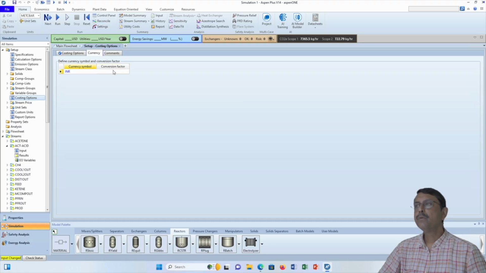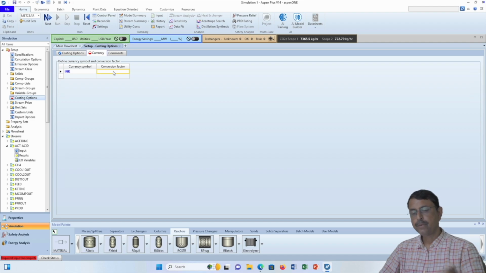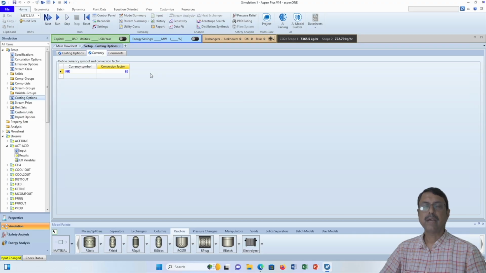And what is the conversion factor between the INR and dollar? So you can write 85. On today's date, it may be 85 or 86 or 87, I do not know, but you can change the conversion factor at any time, okay, and rerun the process. So for the time being, let us keep the conversion factor 85.